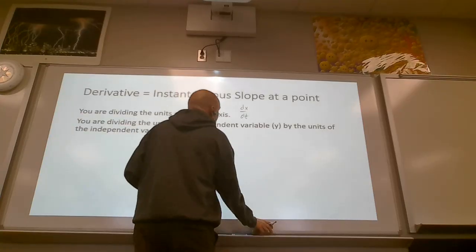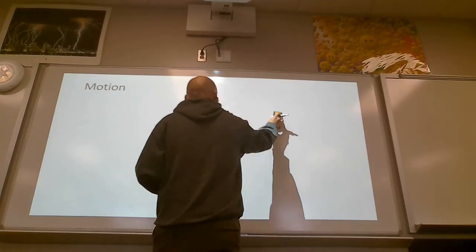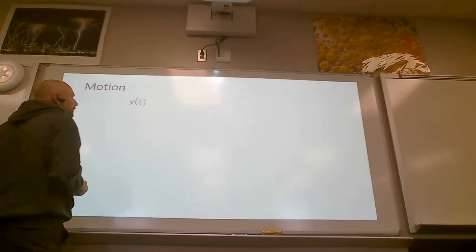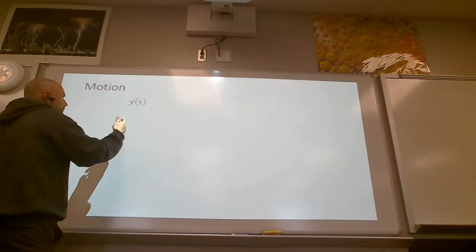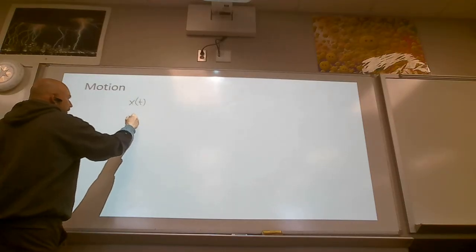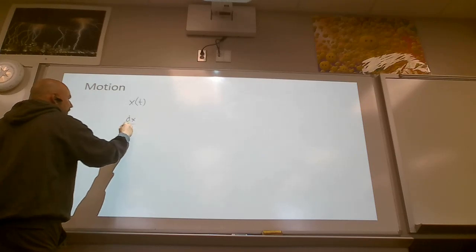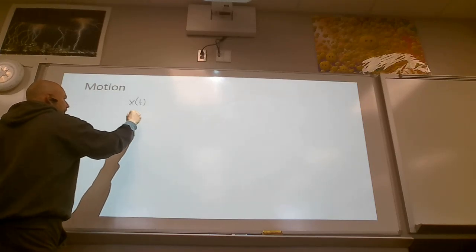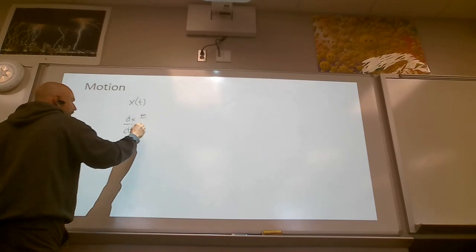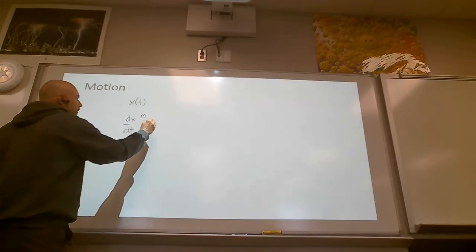I'm kind of getting ahead of myself. So you have position as a function of time. If you take the derivative of that, that is meters over seconds. Crazy, yeah?